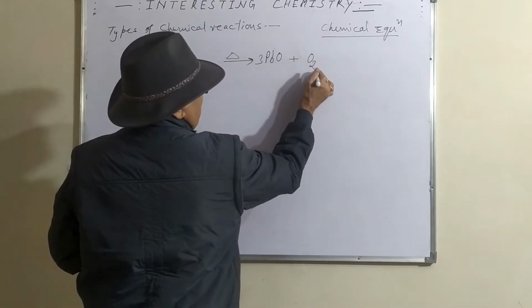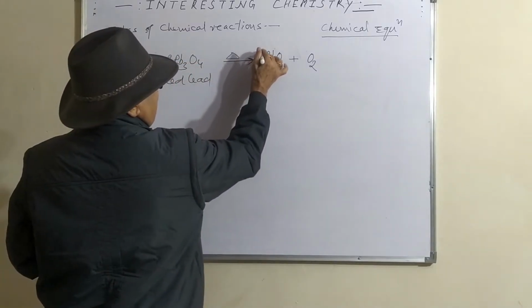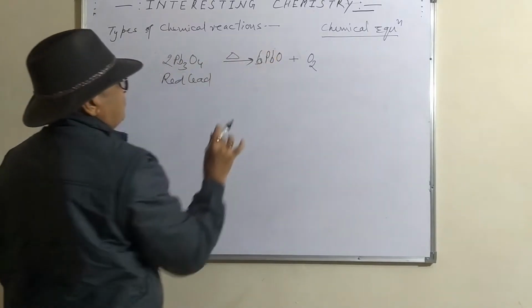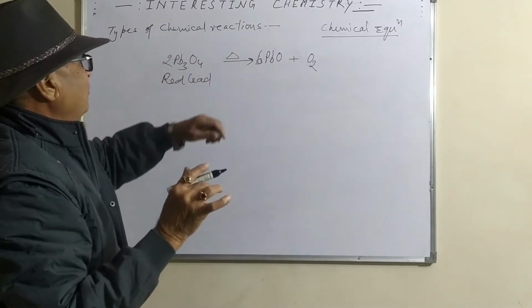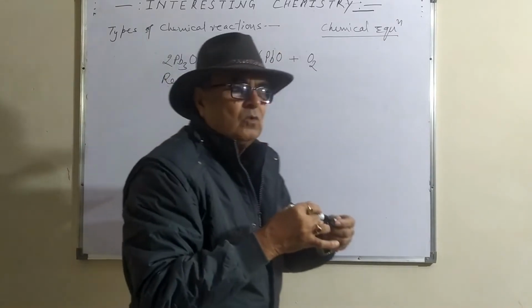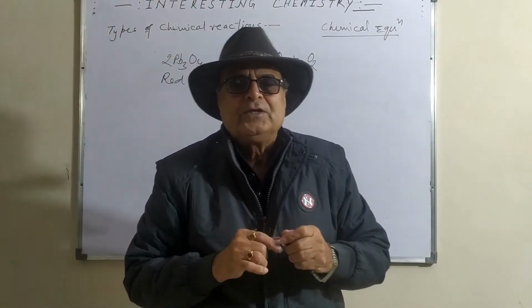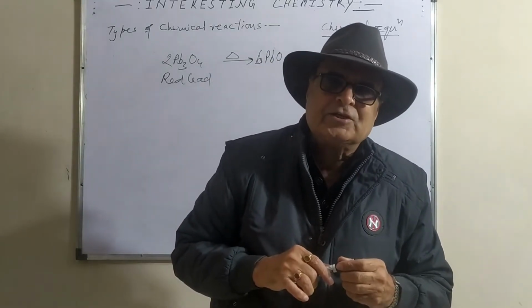Then this 3 will be 6, and 2Pb3O4 gives 6PbO plus O2. So these are the equations of the decomposition reaction.